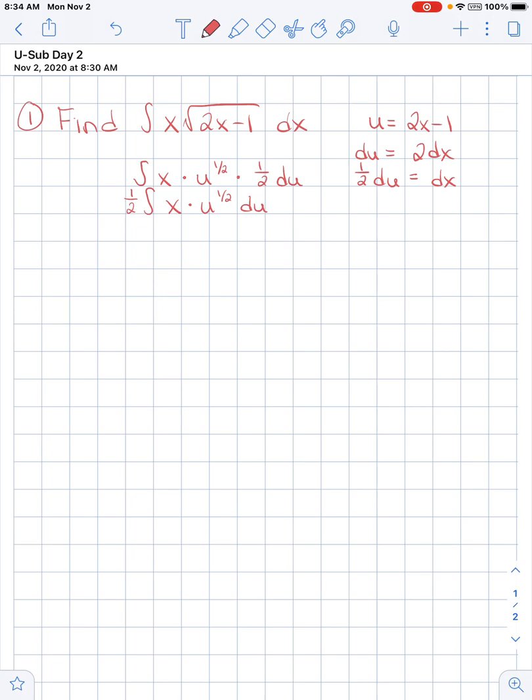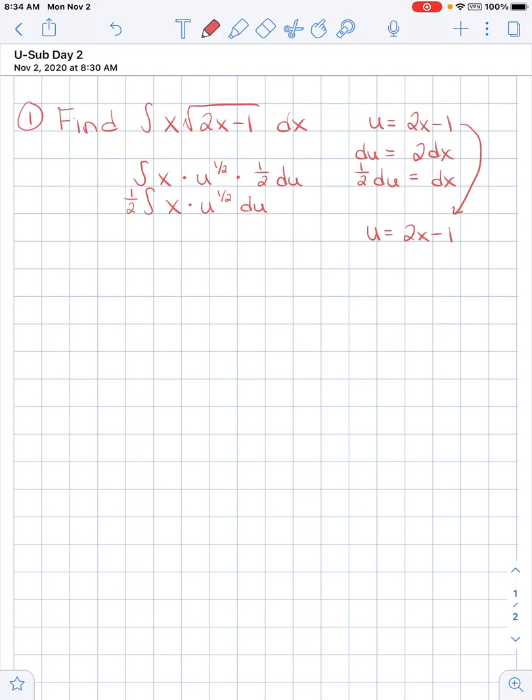So we're going to have to somehow replace x or change x so that it's also a function of u. I'm going to give you about 2 seconds to think about that. Okay, maybe 10. How can we rewrite x as a function of u? This equation that we first set up above, u equals 2x minus 1.